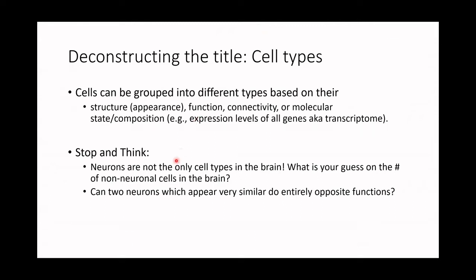So let me answer these questions. These are rough numbers. The number of neurons in our human brain is about 100 billion. And the number of non-neuronal cells, these support cells which support the neurons in the brain, is about 1 trillion. So you can see that they are an order of magnitude more.